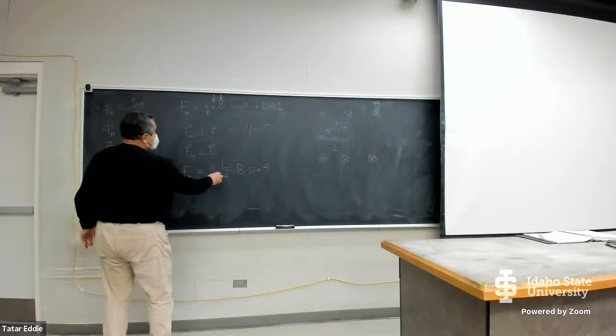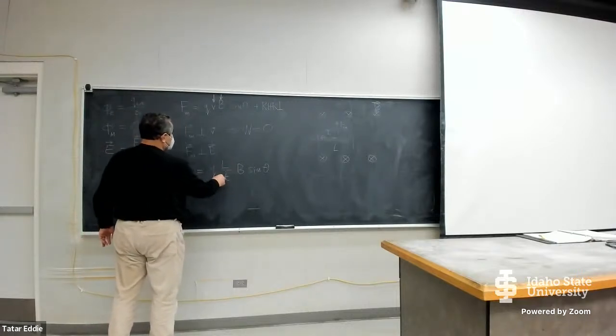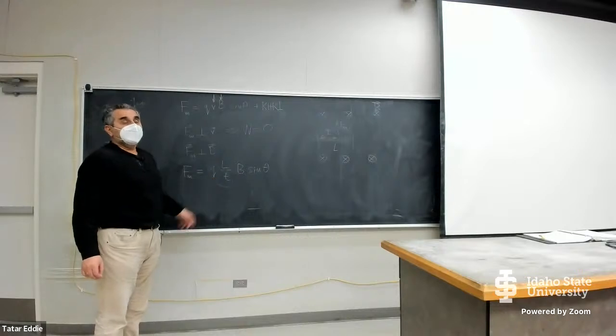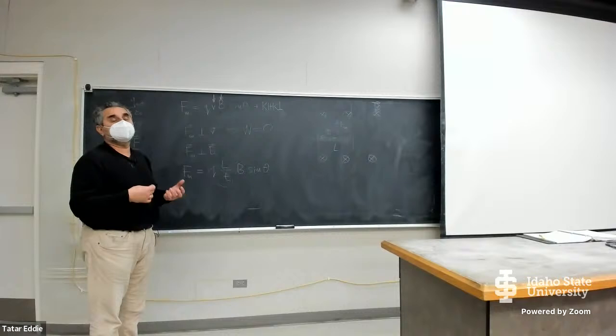And now, instead of dividing the length by the time interval, you can divide the amount of charge by the time interval. But the amount of charge divided by time interval gives you exactly the magnitude of the current that is flowing in this piece of wire.